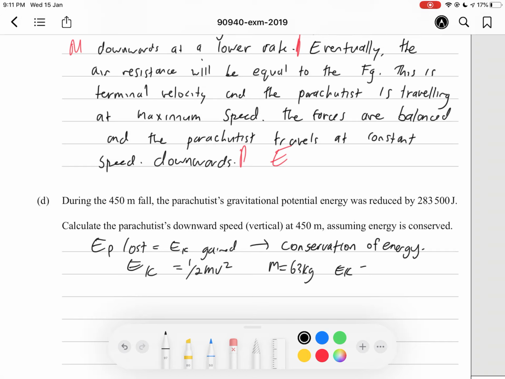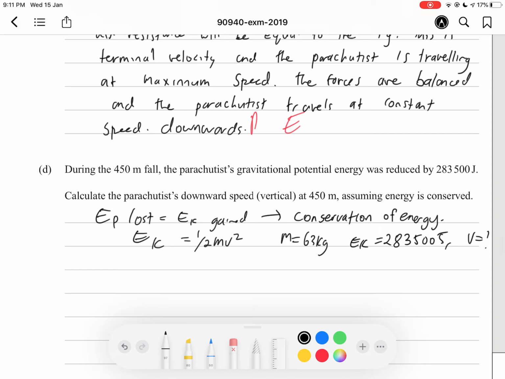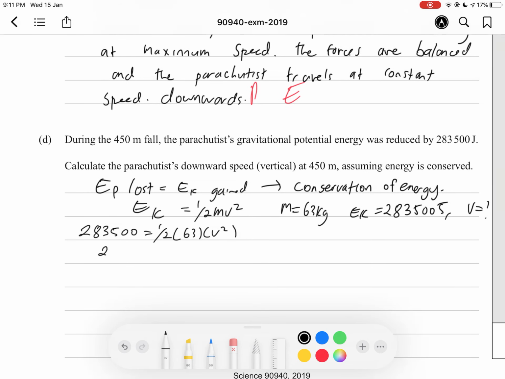Our kinetic energy is equal to 283,500 joules. And our velocity we're trying to find. Right, so we can plug in our numbers. So we can say 283,500 is equal to half of 63 times v squared. So we can rearrange the formula. So we can say 283,500 times 2 divided by 63, whole thing square root, will give us our velocity.